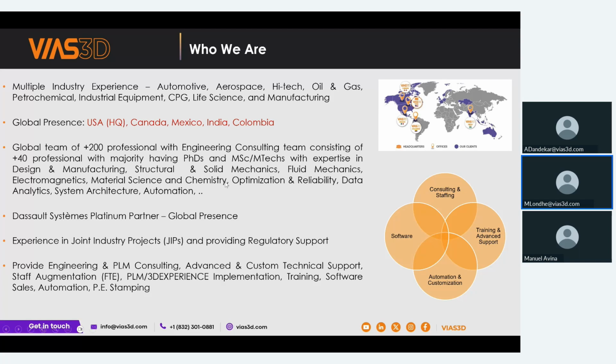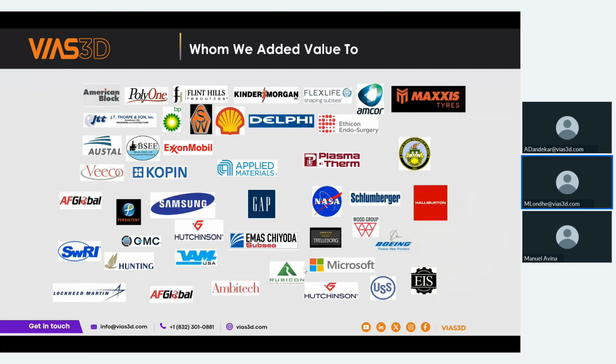We provide consultancy in engineering and PLM, advanced and custom technical support, staff augmentation, 3DEXPERIENCE implementation, training, software sales, automation, and PE stamping. Here are some examples of global industries that VIAS3D has had the opportunity to work with and continues to work with today. This widespread presence reflects the trust that companies place in VIAS3D to deliver high quality services across various sectors.